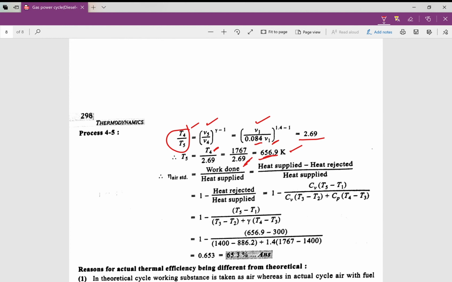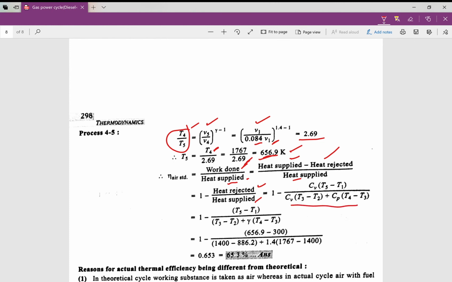Now, dear students, for calculating efficiency, either you write the whole formula of dual cycle, or you can write fundamentally like this: work done upon heat supplied, that is heat supplied minus heat rejected, upon heat supplied. So finally, this is your heat rejected divided by total heat supplied.